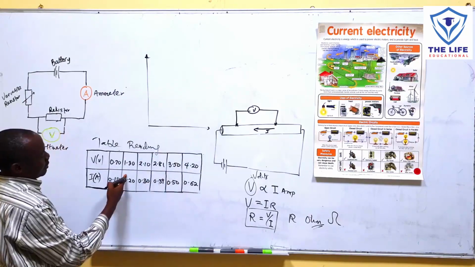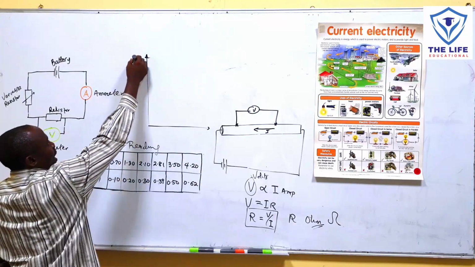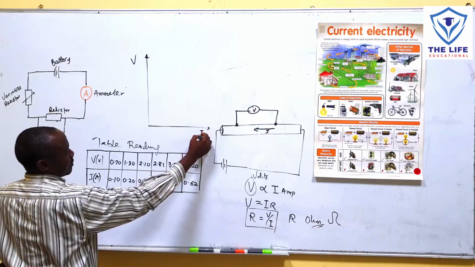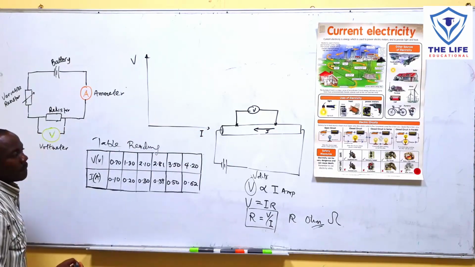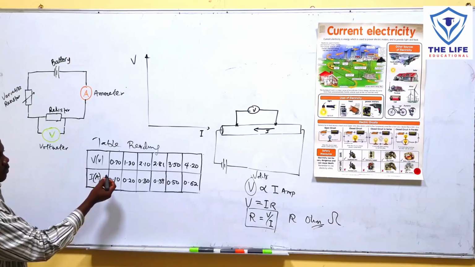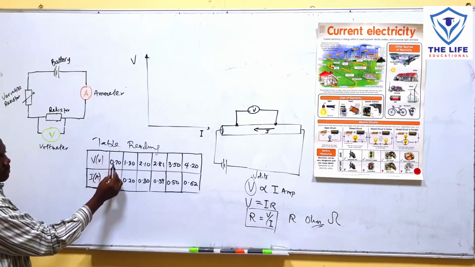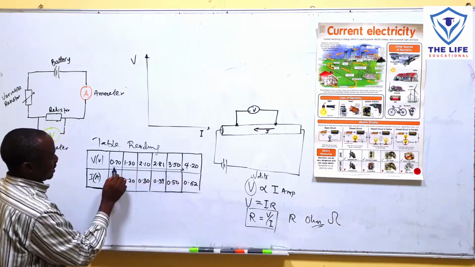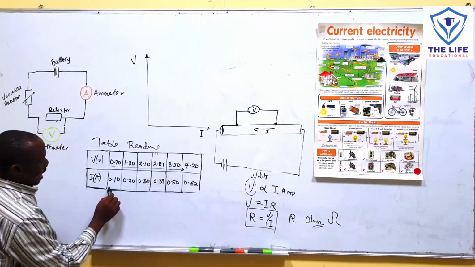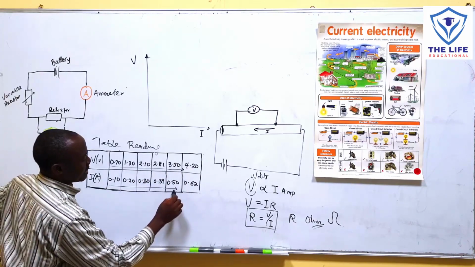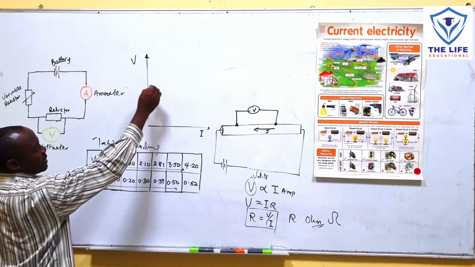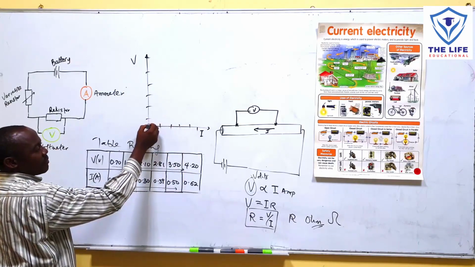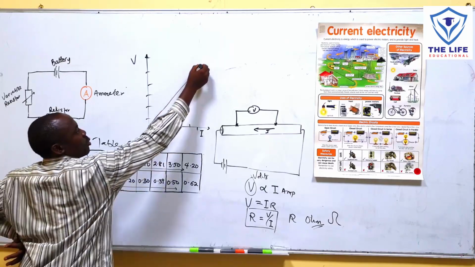Let's say on the y-axis we are plotting V, and on the x-axis we are plotting I, which is current. If you look at the readings we have on the board, you can see that as voltage is increasing, the current is also increasing. If we transfer that into graphical form, we are going to have a positive slope graph.